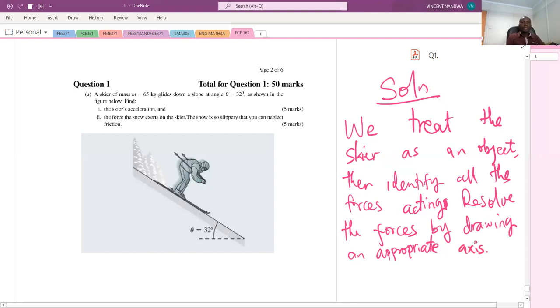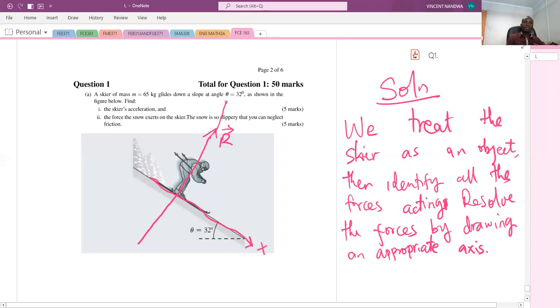So this is what you'll do. Because we take the skier as an object, we can take this as our y-axis, where we have the normal reaction, and this we take as our x-axis.